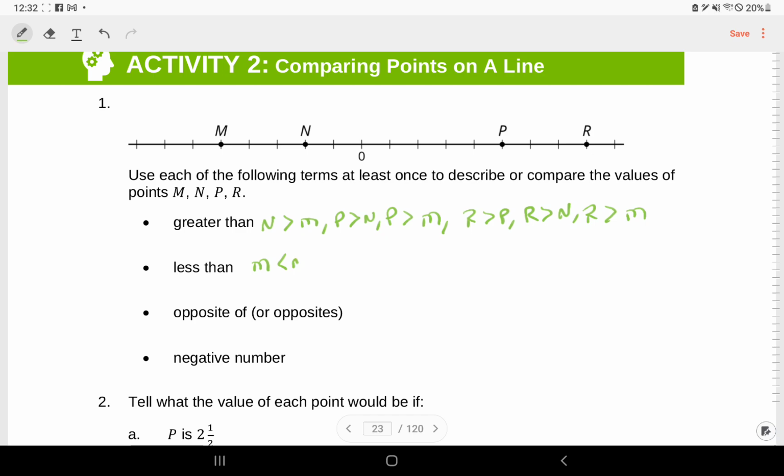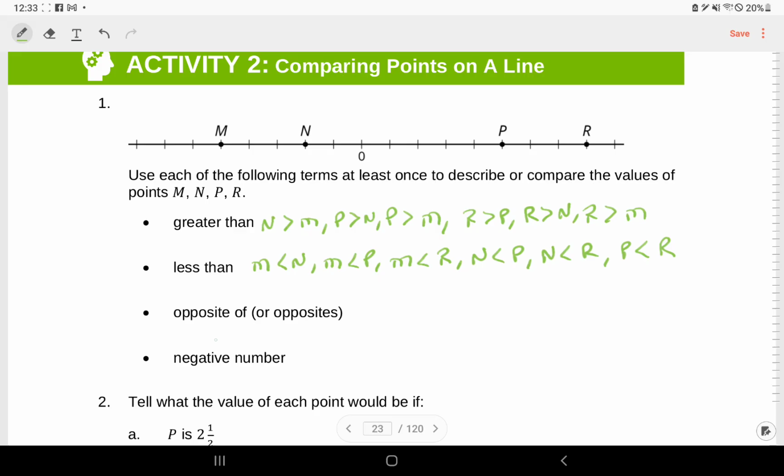M is less than N. M is less than P. M is less than R. N is less than P. N is less than R. P is less than R. Any of those statements works, because it only asks you to make one for each of these.